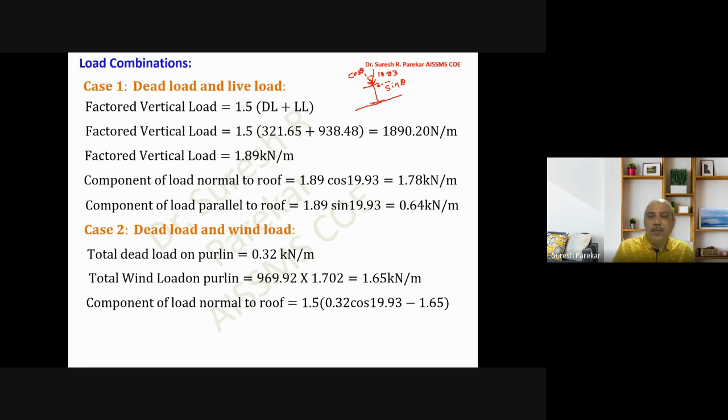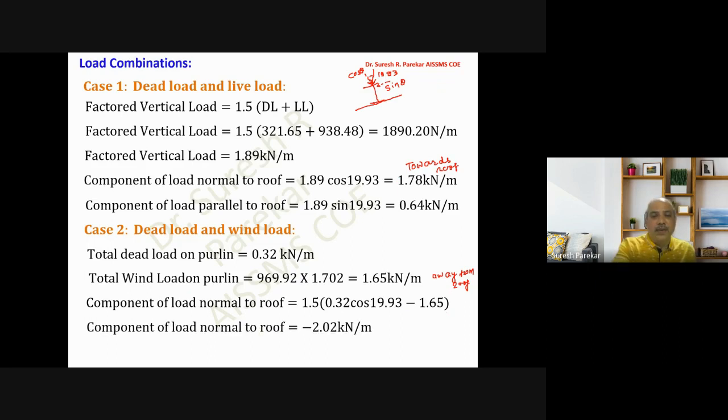But in most of the books you will see that for both, the value is taken as 1.5. And this is minus because this load is suction, or away from the roof, and it is generally taken as minus, and the load towards the roof is taken as plus. That depends upon the sign convention of that book. Some may take towards the roof as minus and away from the roof as plus.